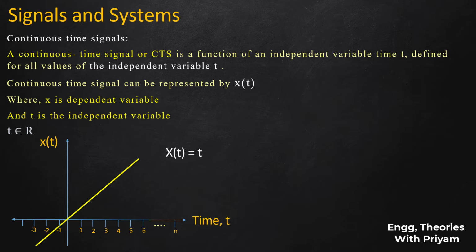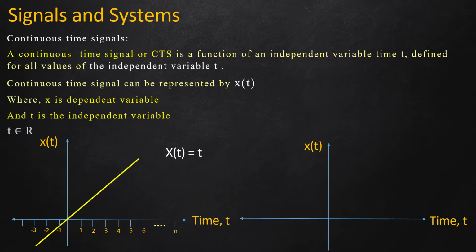Let's take another example. Like previously, we have an independent variable t defined on the x-axis and the signal amplitude defined on the y-axis. Let's take a signal with the amplitude p from t = 0 to t = a, and from t = a to plus infinity, the value of the signal is 0.